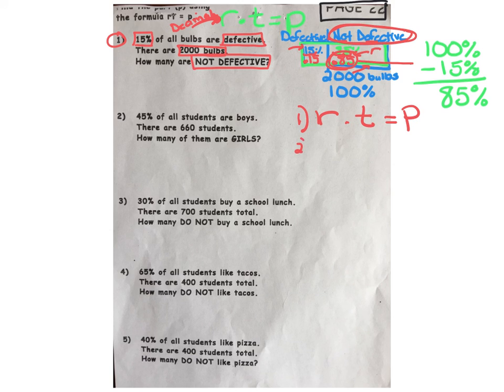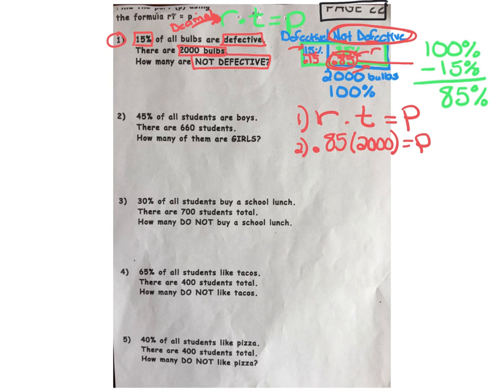So they make up 85% or 0.85 of the batch. And a total batch, we're going to multiply by 2,000. This will give us the part of the batch that's not defective.